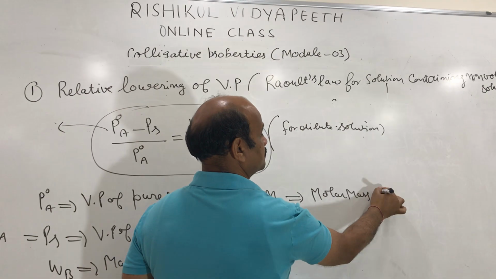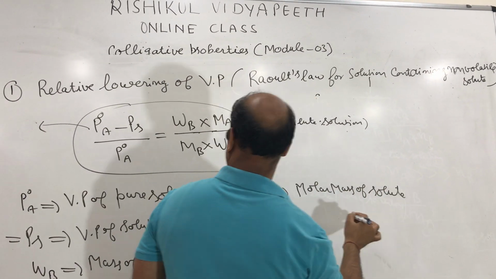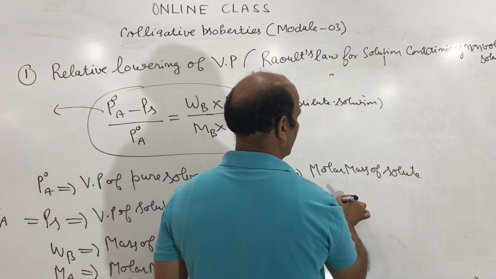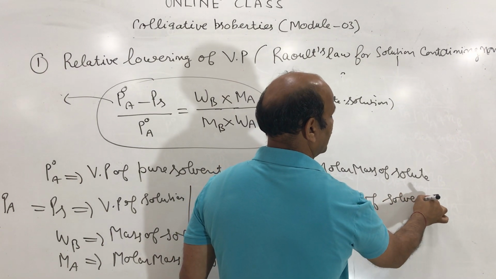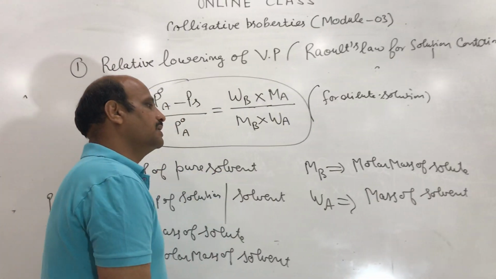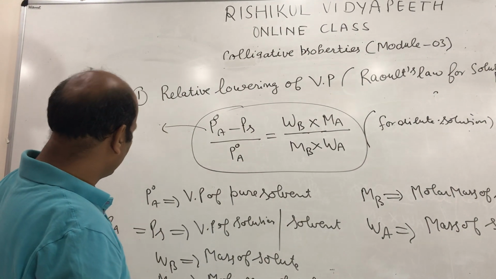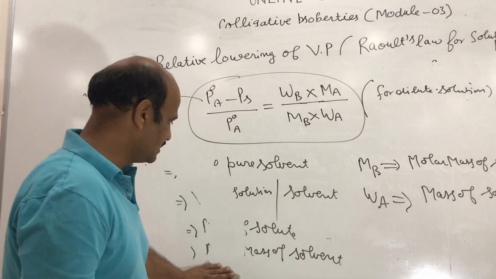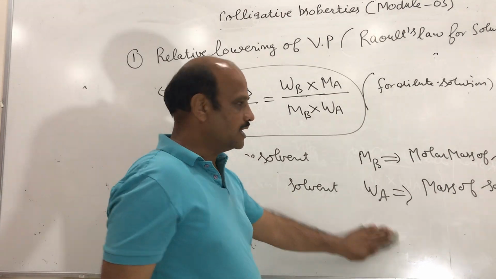And WA is mass of solvent. And you know A is the notation for solvent, B is the notation for solute. For better understanding, one numerical is needed. That is why first we solve one numerical problem.